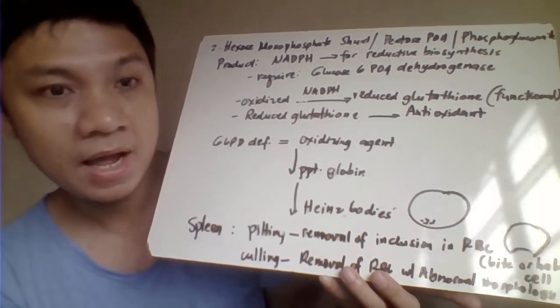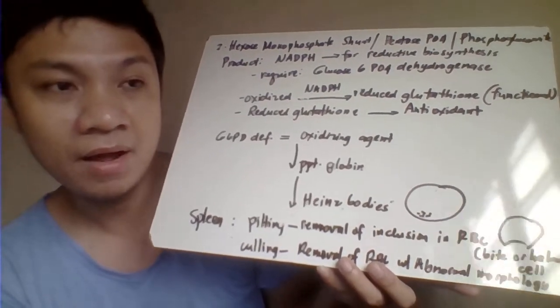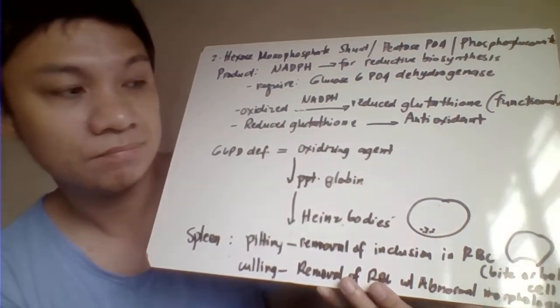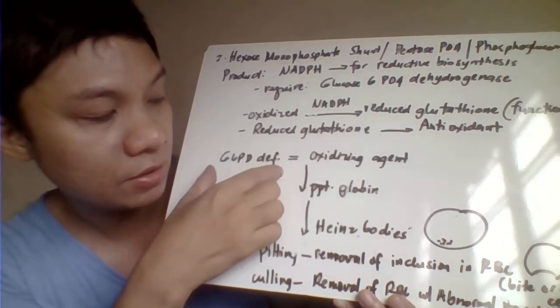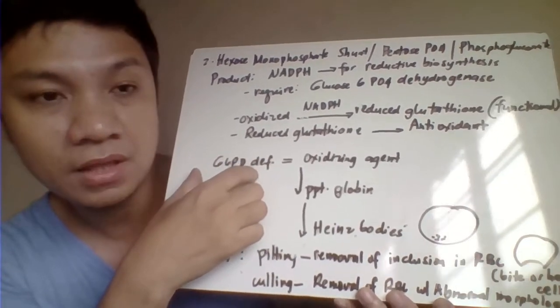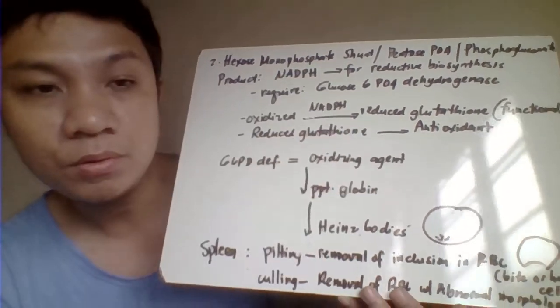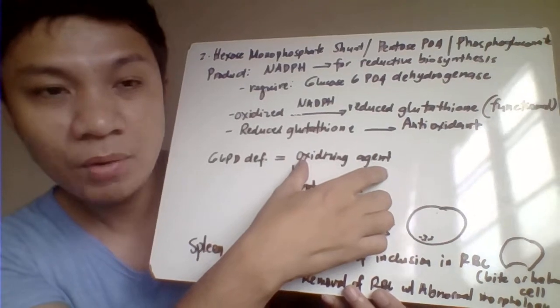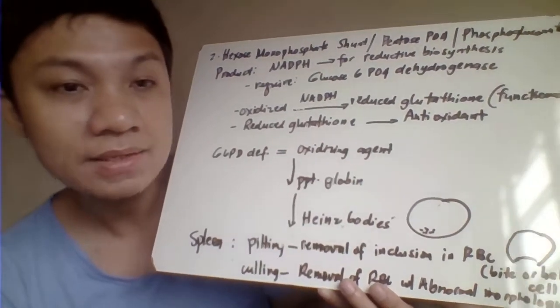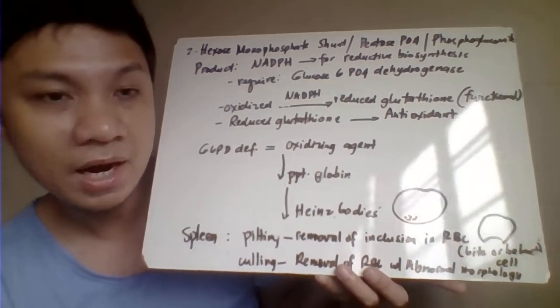Very common among the female population. If you don't have this enzyme, glucose-6-phosphate dehydrogenase, you also cannot produce NADPH. And therefore, once you've been exposed to an oxidizing agent, there is no protection for our RBC.